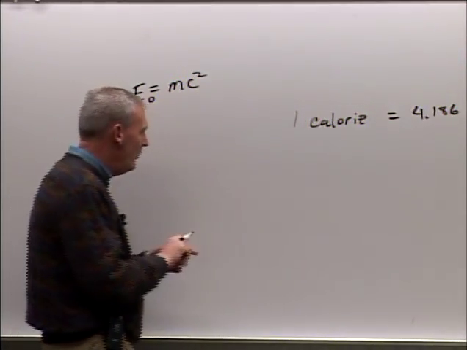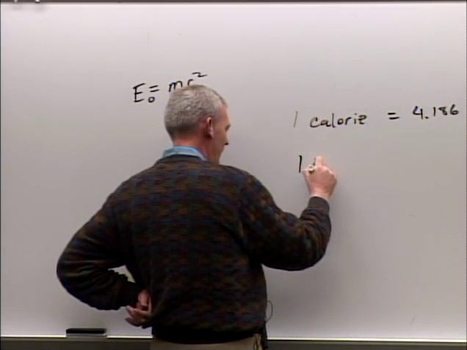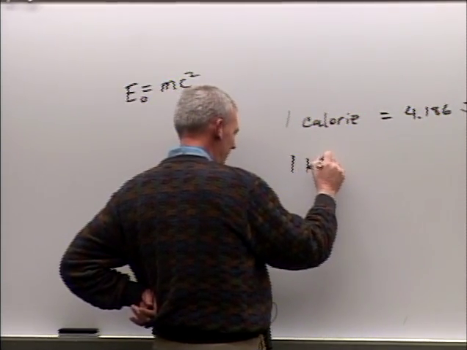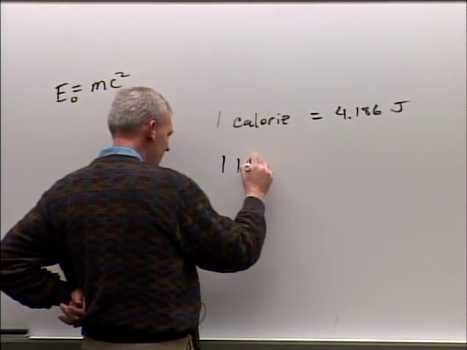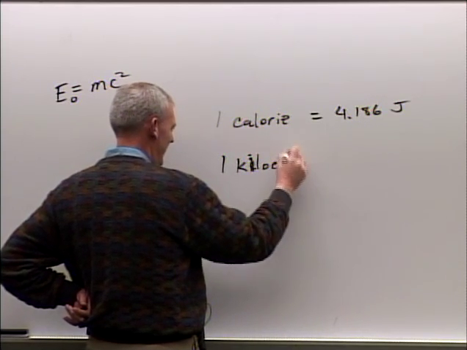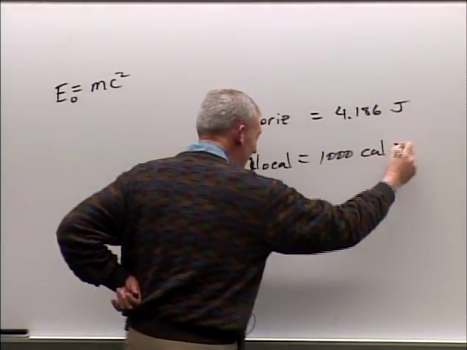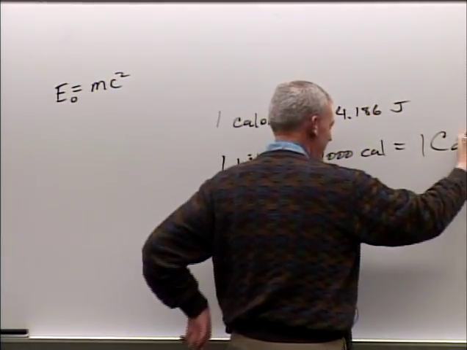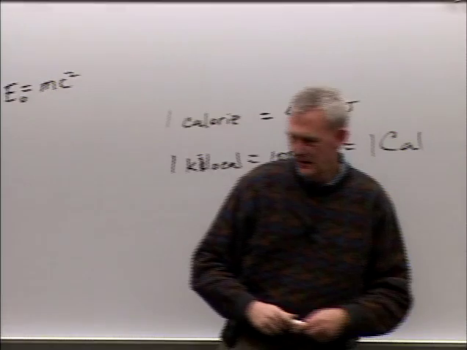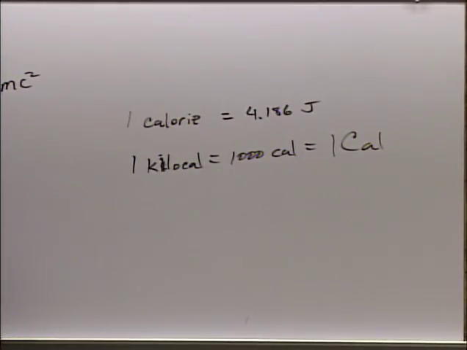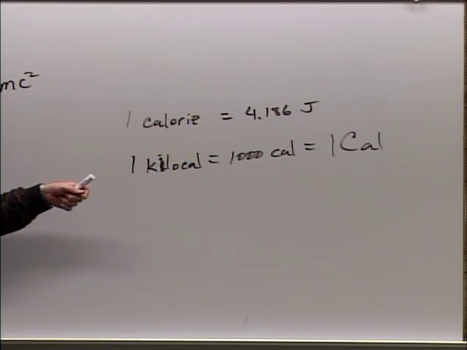All right, and then we also have kilocalories, which is equal to 1,000 calories, which is actually equal to the 1 big Calorie. That's like an American thing that we use. In other words, how many calories something has.